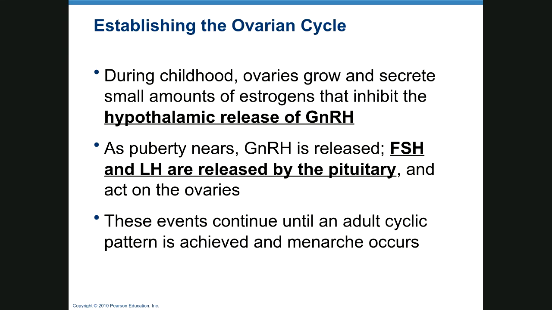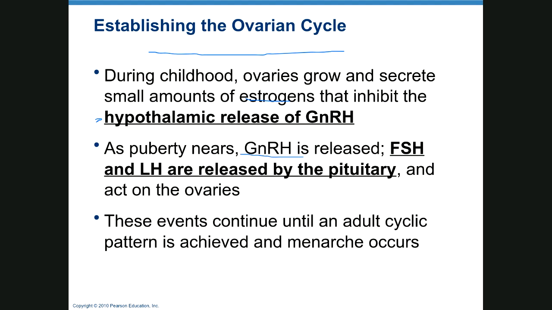Okay, establishing the ovarian cycle in childhood. The ovaries are going to grow, secrete a tiny amount of estrogen, just enough to inhibit the hypothalamus from releasing gonadotropin releasing hormone. But as puberty gets nearer, gonadotropin releasing hormone is going to be released.